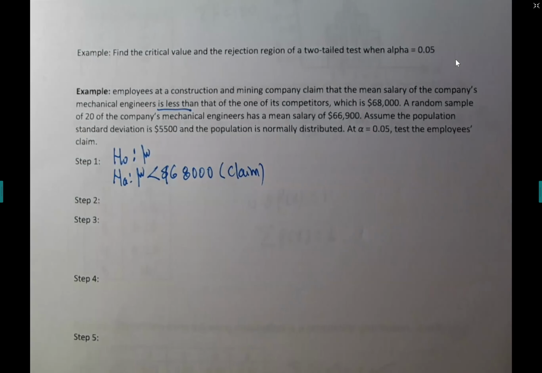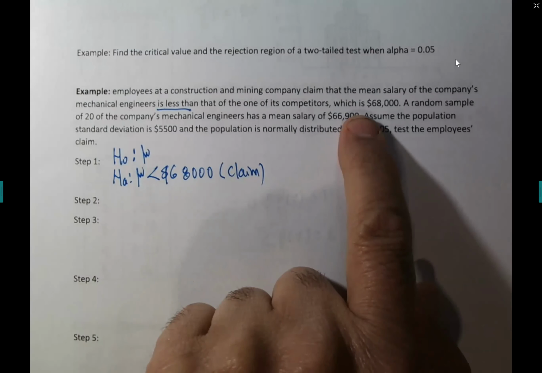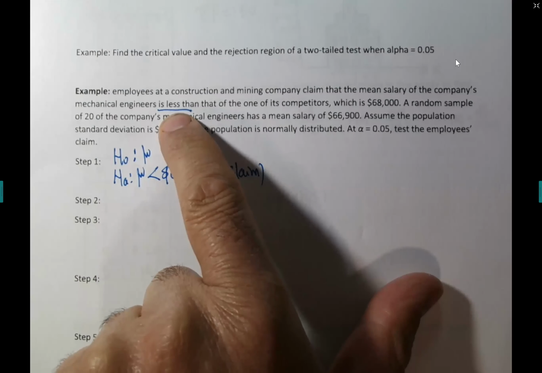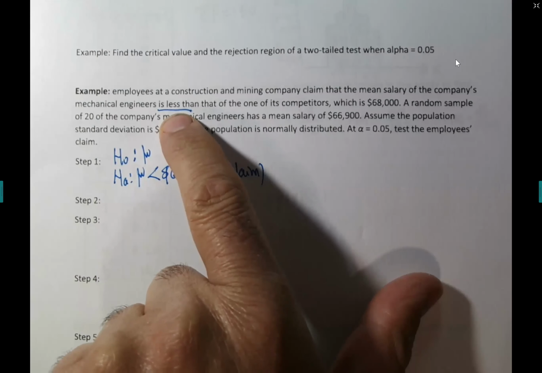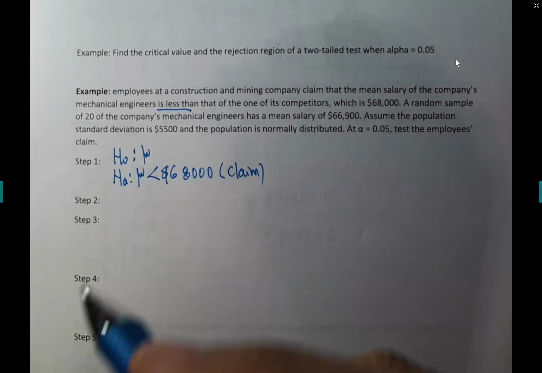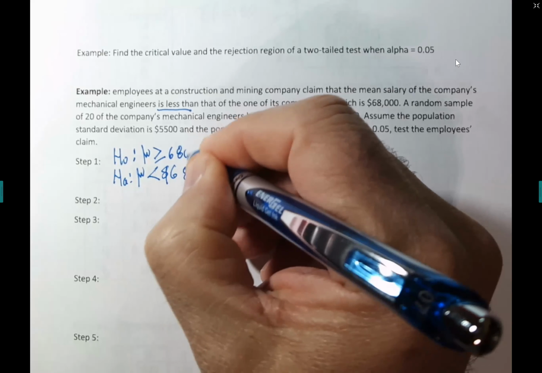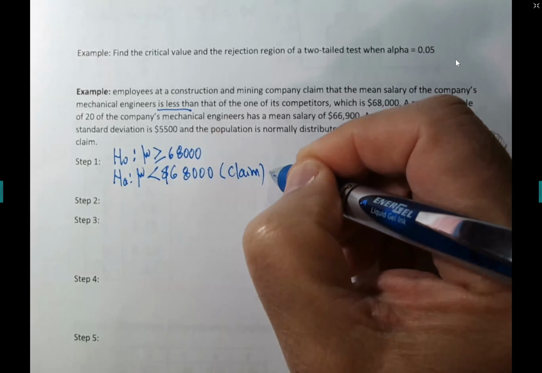They're claiming that they're getting paid less than 68,000, which is what their competitors get. I know a student said equal because he or she probably read the word "is," but that's not what their claim is. The claim coming from the mechanical engineers is that we get paid less than our competitors. And your alternative will become this. And that's the claim.